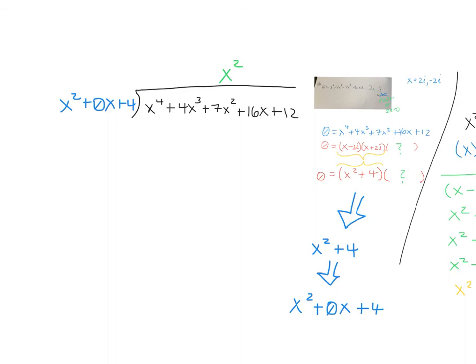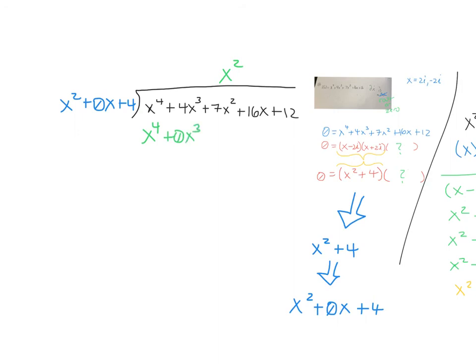And then I go through the motions. X squared times this x squared certainly gives me x to the 4th. We have 0x, which is really just 0, times x squared. Well, that's going to give me 0, we can say x to the 3rd.